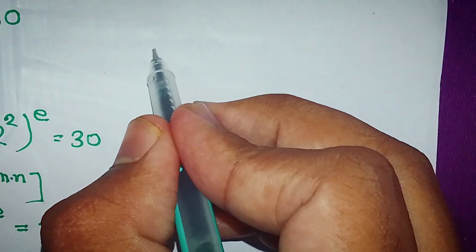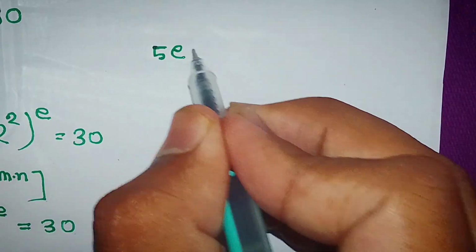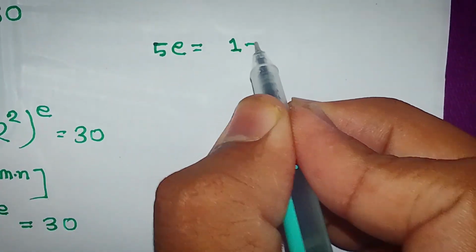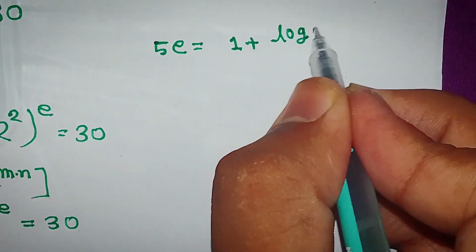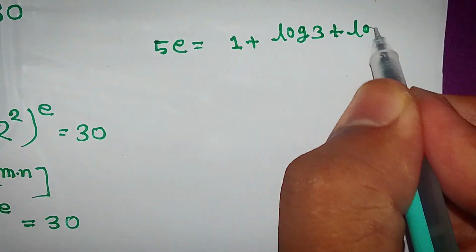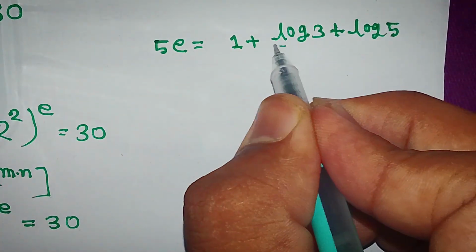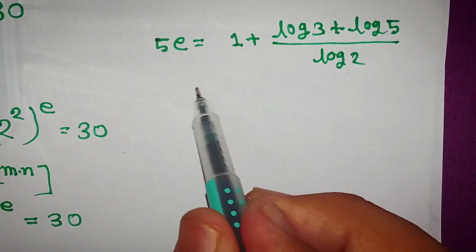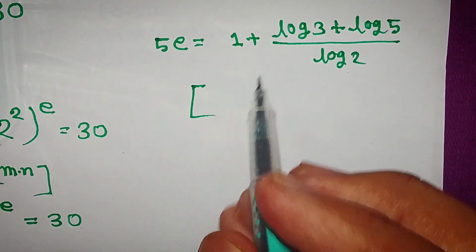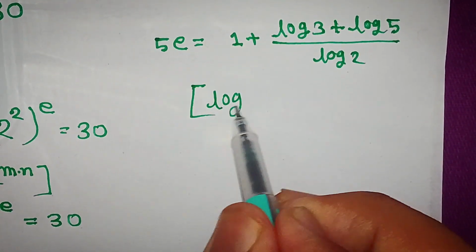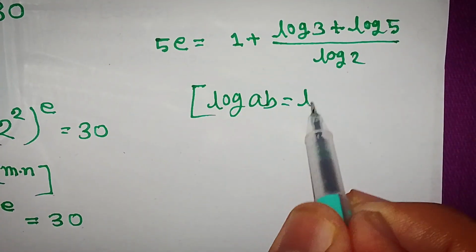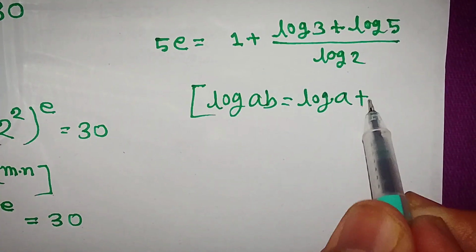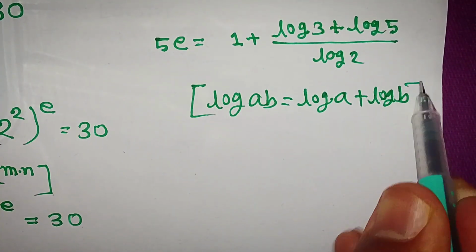So after that we can write 5e equals 1 plus log 3 plus log 5 divided by log 2. Nothing else, we just use this formula, log of a times b equals log a plus log b.